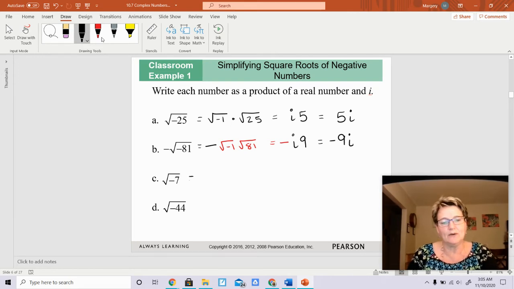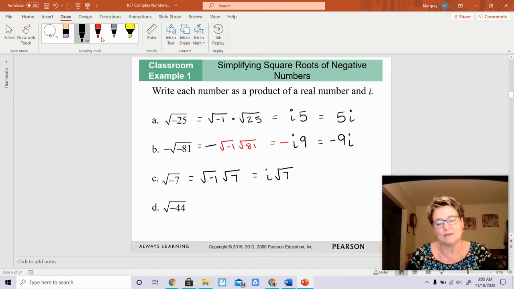Now this one here, we have the square root of -1 times the square root of 7. When you multiply them together, remember, whatever's under the radicals are multiplied together. The square root of -1 is i, and you cannot take the square root of 7, so it stays under the radical. Now this one here, we have the square root of -1 times the square root of 4 times the square root of 11.